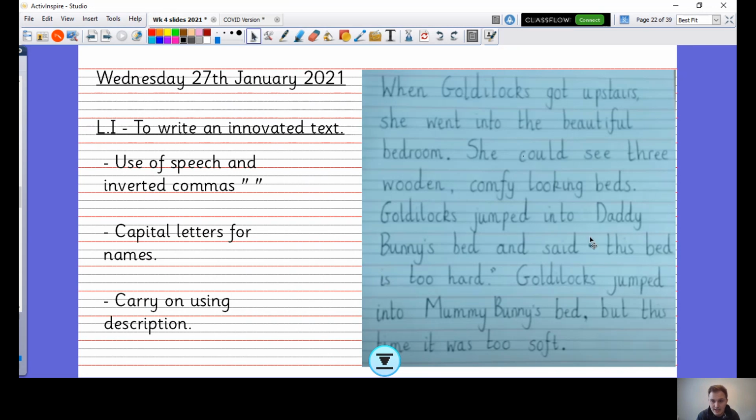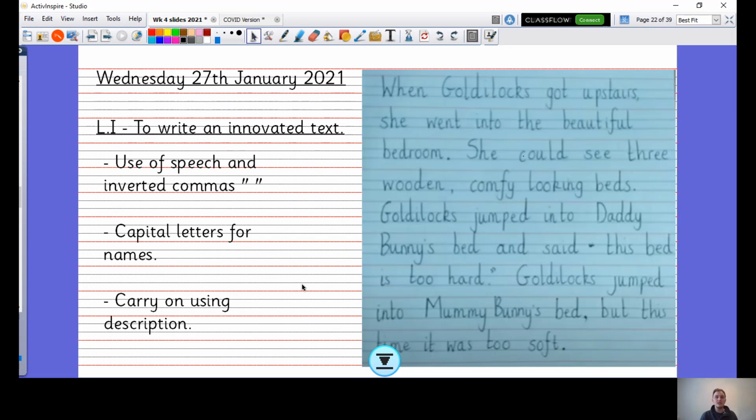You can spot them in my writing here, here. I've used capital letters for names. That's really important. Goldilocks, Daddy Bunny, Goldilocks, Mummy Bunny. Carry on using some lovely description like me. 3 wooden, comfy looking beds. Remember, you may have changed the beds to something else.